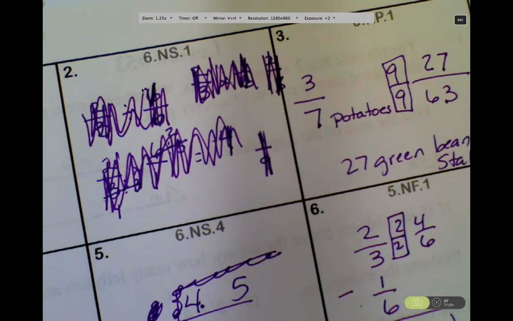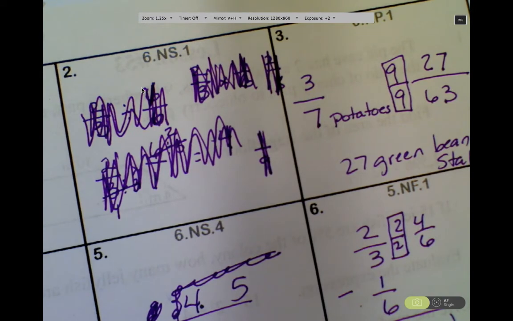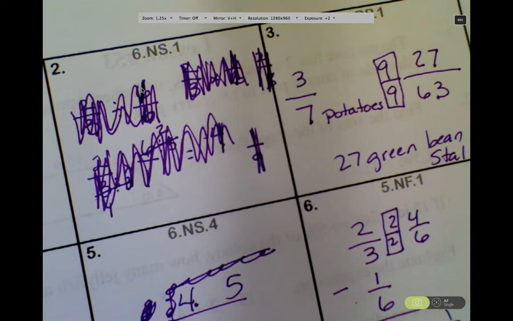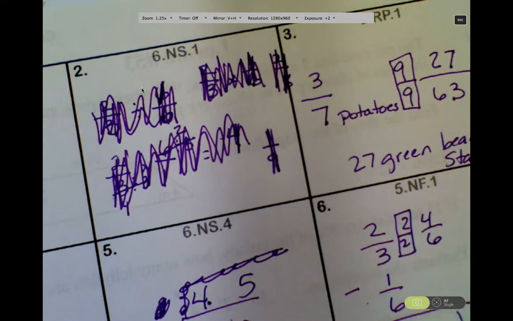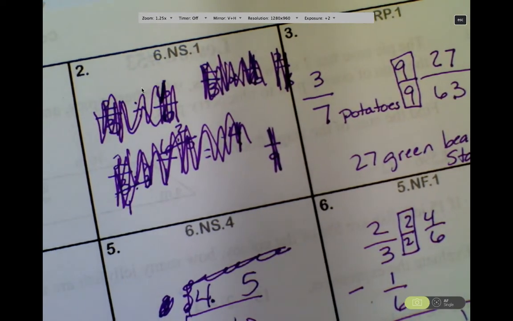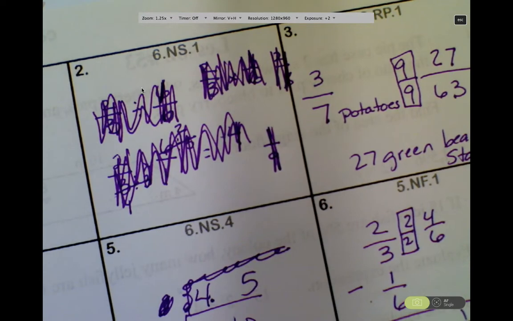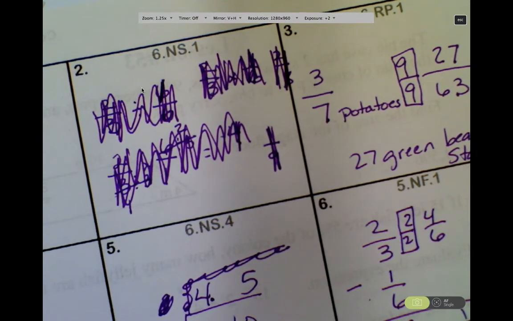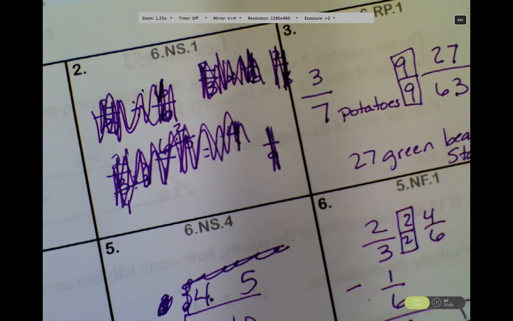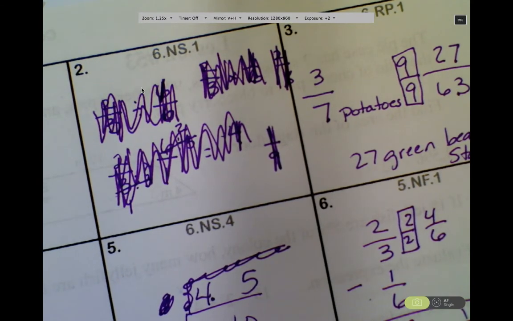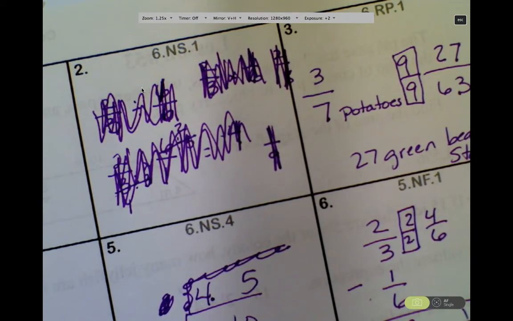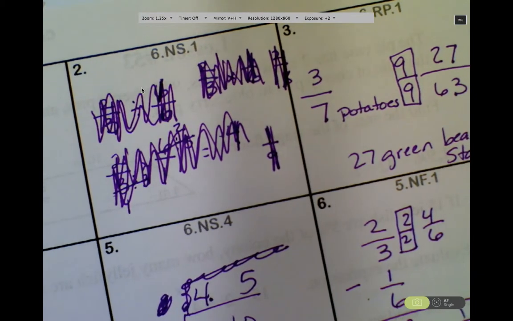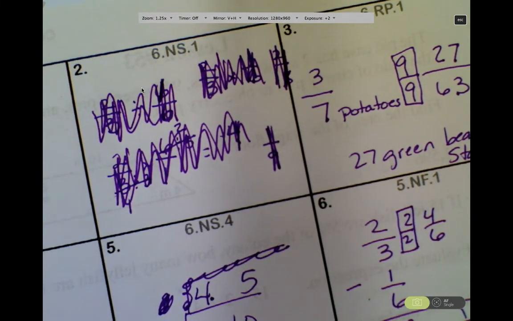How many 2/3 pounds are in a 1/6 of a pound? Let me try something really quick. 2/3. Two-thirds of a pound.